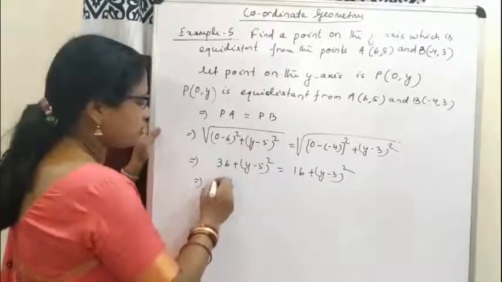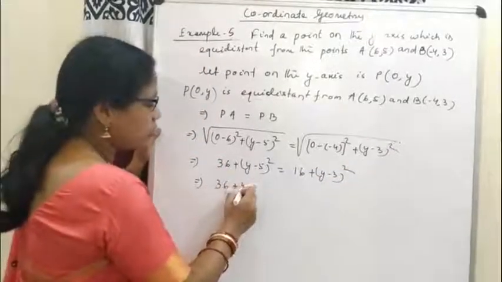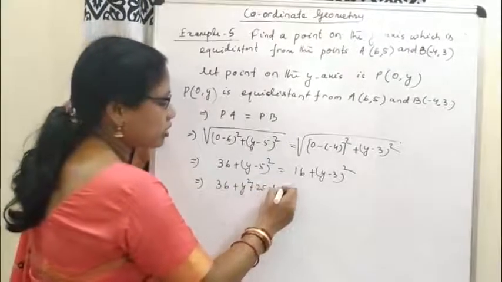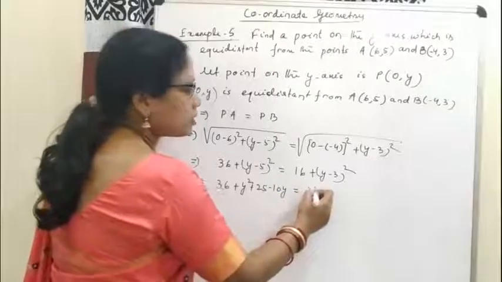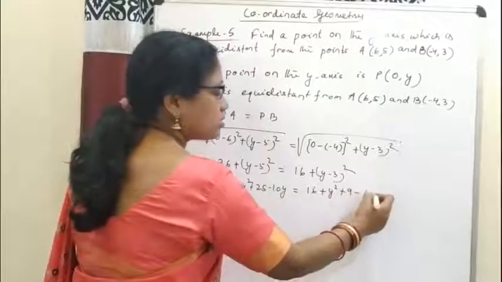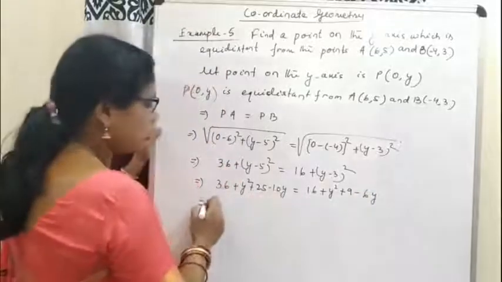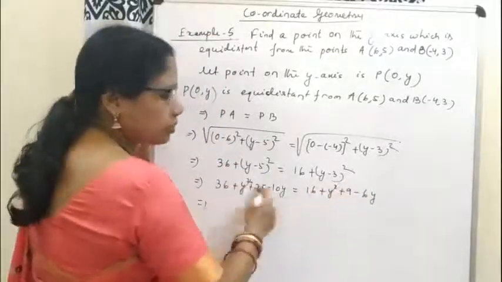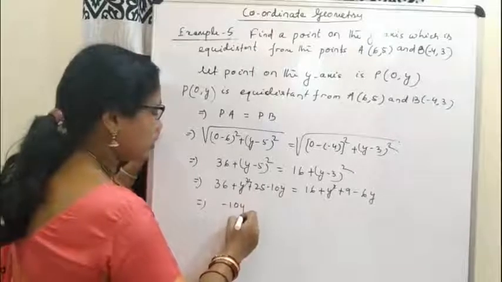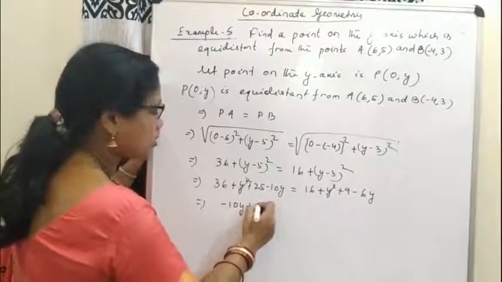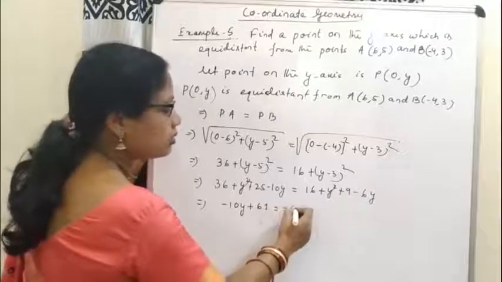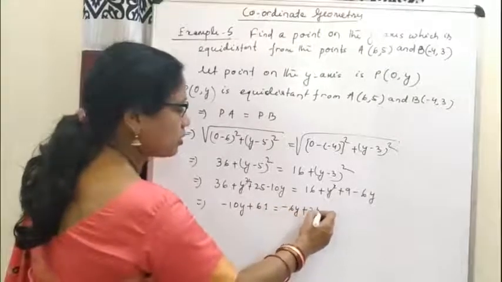This implies 36 plus y square plus 25 minus 10y is equal to 16 plus y square plus 9 minus 6y. Here y square on both sides cancels. So minus 10y plus 61 is equal to minus 6y plus 25.